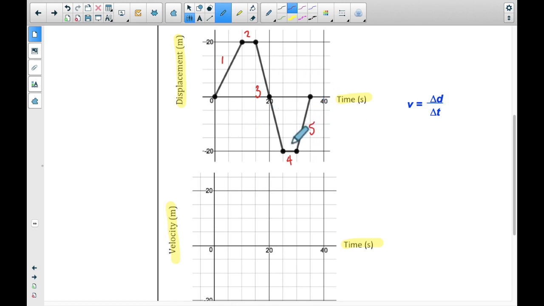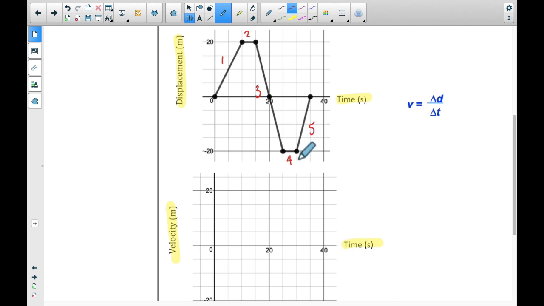Now, if we look at this graph, we ought to be able to tell what's going on here. In this case, the steeper the slope is, the faster the velocity is. So this is maybe a walking or a fast walking, but then this is much steeper, and so they're walking much faster or maybe running in this section.